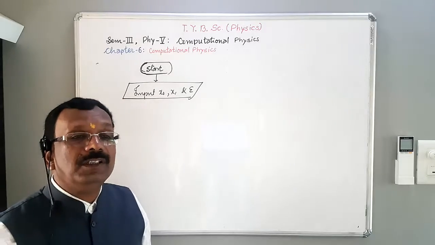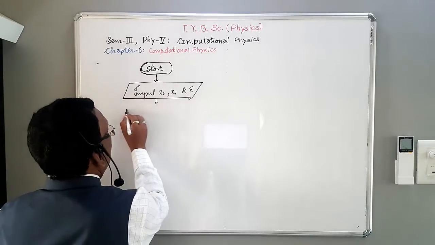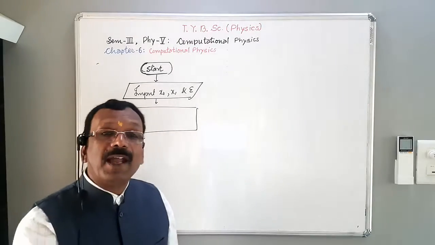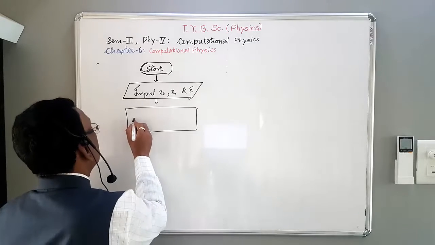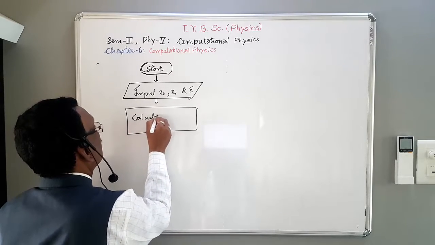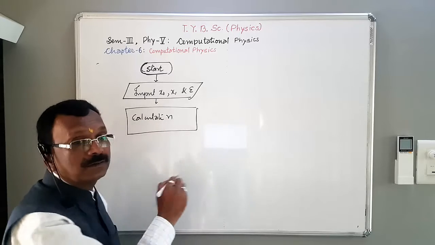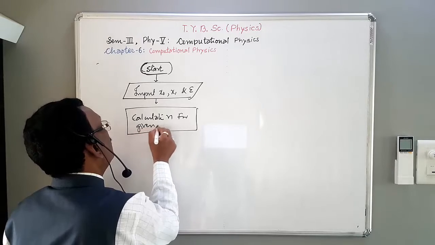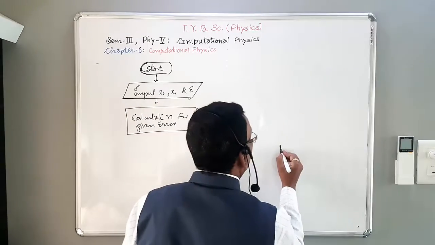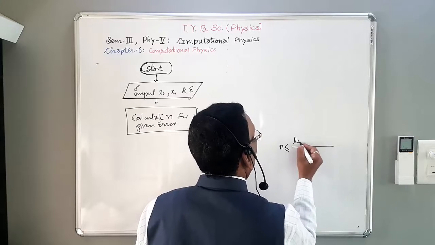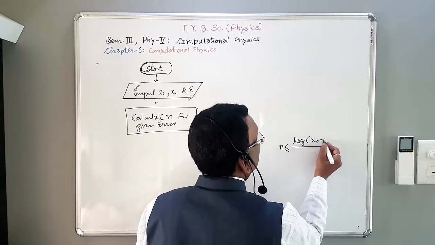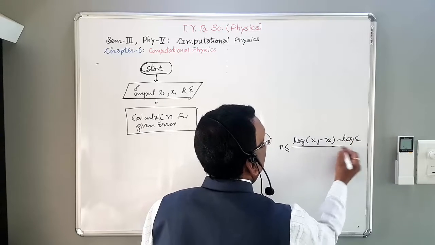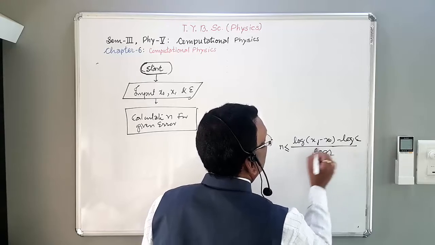Start, then read the input, then calculate the value of n. n is less than or equal to log A minus log B. That means calculate n for the given error, by using the formula n is less than or equal to (log of x1 minus x0 minus log of error) divided by log 2.